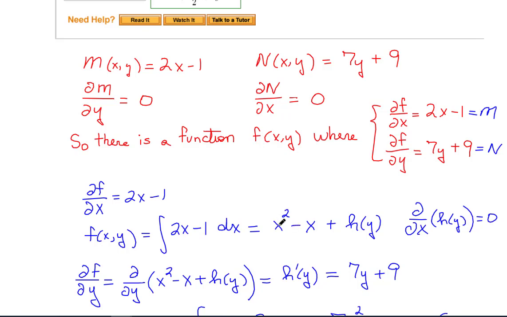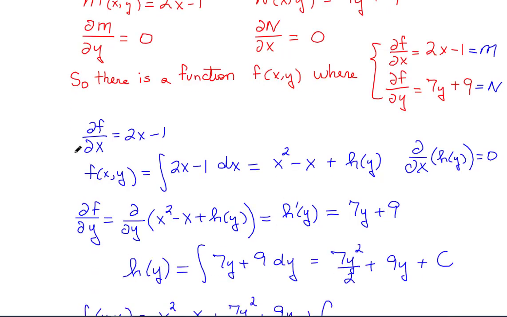All right, so holding that thought then, we're going to take the derivative with respect to y on this part. Well, the derivative with respect to y is 0, and since this only has y's in it, it's our normal derivative h prime of y.